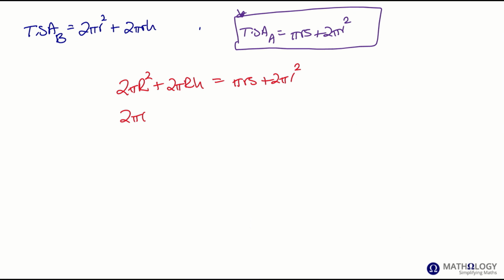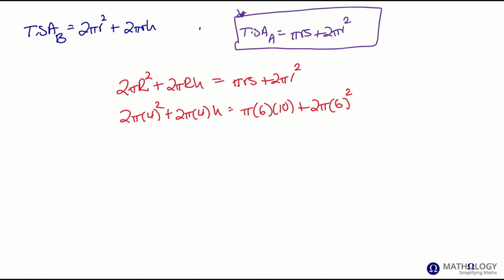So 2 pi times 4 squared plus 2 pi times 4 times h, which is what we're looking for, equals pi, the radius of the cone was 6, the slant height was 10, plus 2 pi times 6 squared.